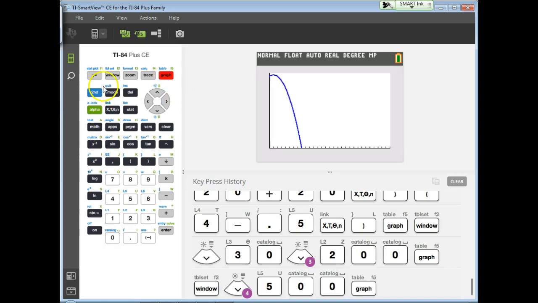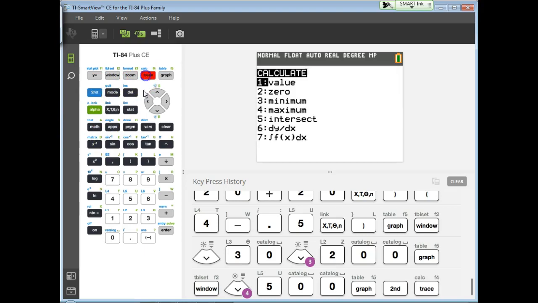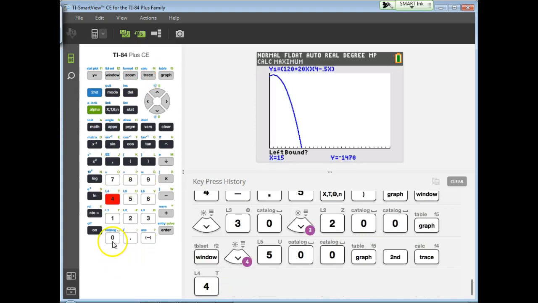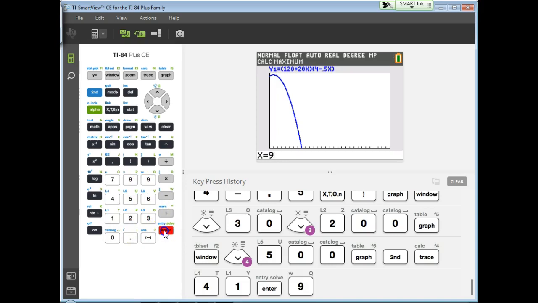All right, find that maximum. Way far. Now you guys are probably just scrolling right and left to get that maximum, which is probably a more effective way. Like I said, mine has a really bad lag, so I just jump.